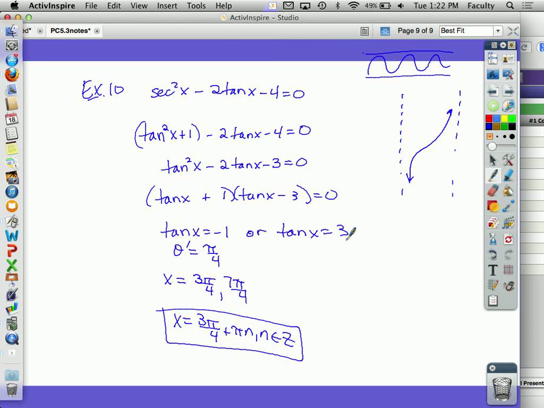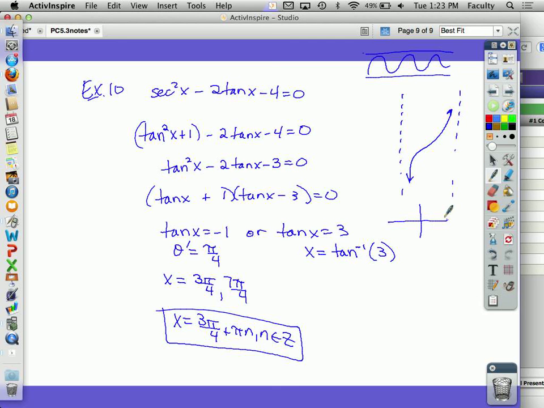And let me show you how you can do it without the calculator and how you can do it with the calculator. So really, to figure out what x is, I would do inverse tangent of 3, right? Now suppose this is on a no calculator part.